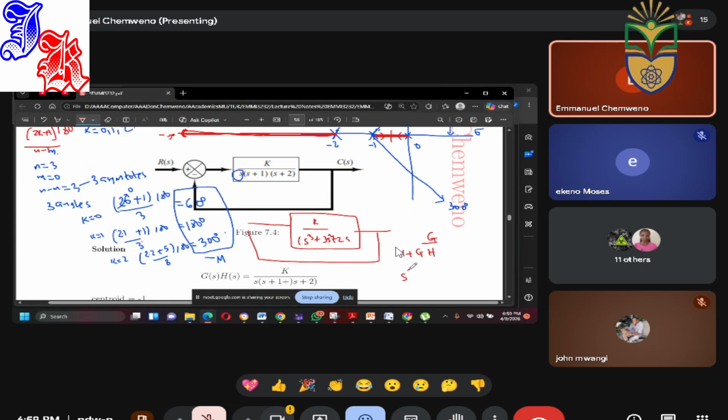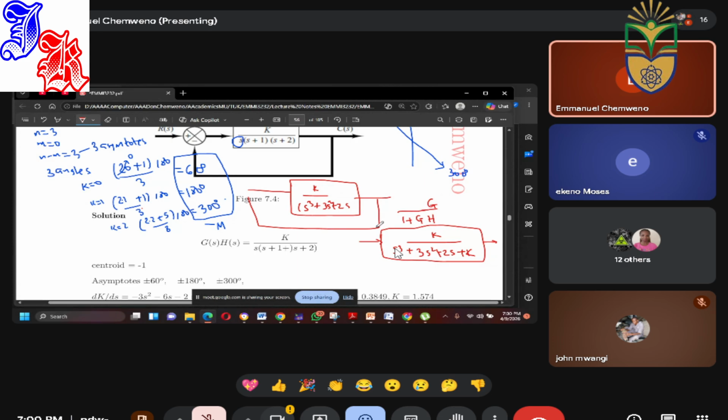And if I multiply by the denominator, it becomes k over s cubed plus 3s squared plus 2s plus k. Close loop. This is g over 1 plus gh.